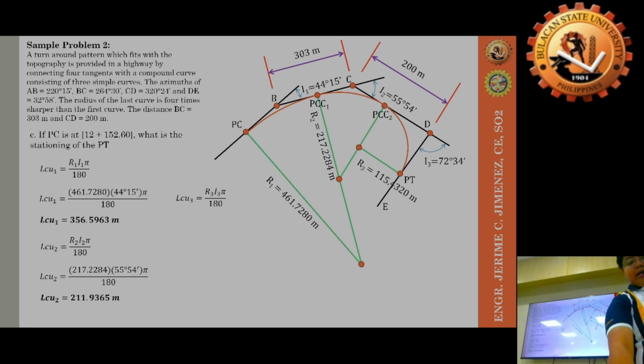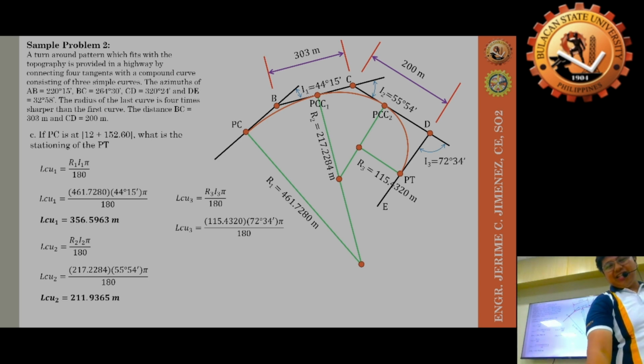Same formula. Substituting, what is LC sub 3? So that is LC sub 3 is equal to 146.1978.